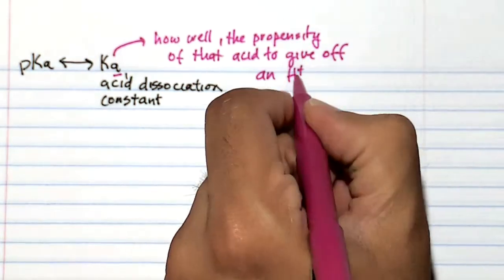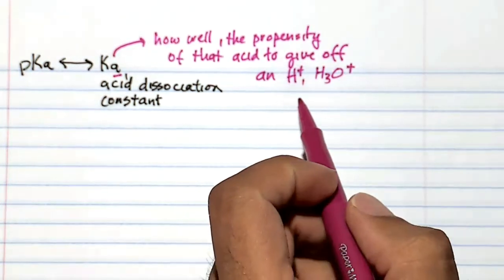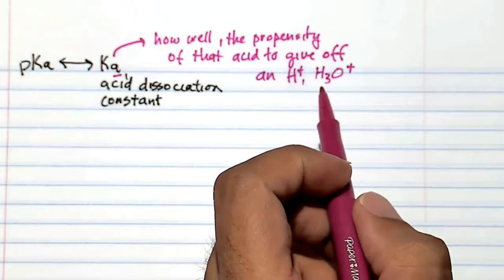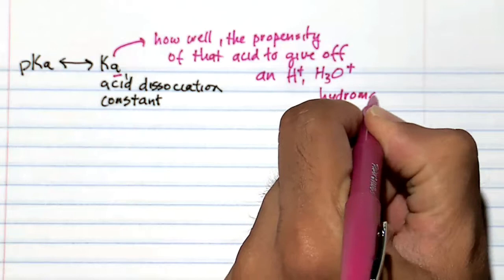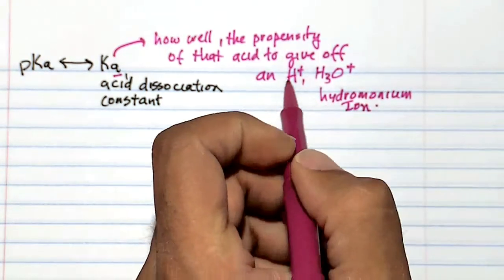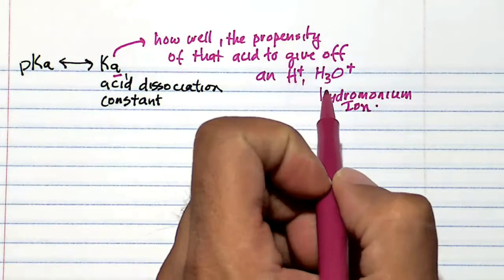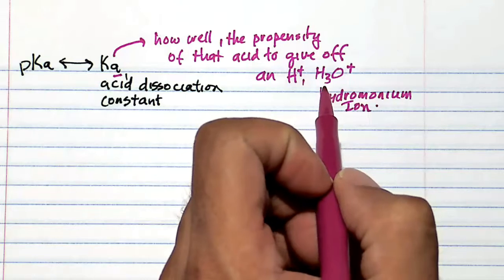Now, you may remember from your general chemistry class that H plus and H3O plus are essentially equivalent. H3O plus is called a hydronium ion. And for purposes of this class, H plus and H3O plus are going to be used interchangeably. They're essentially synonymous.